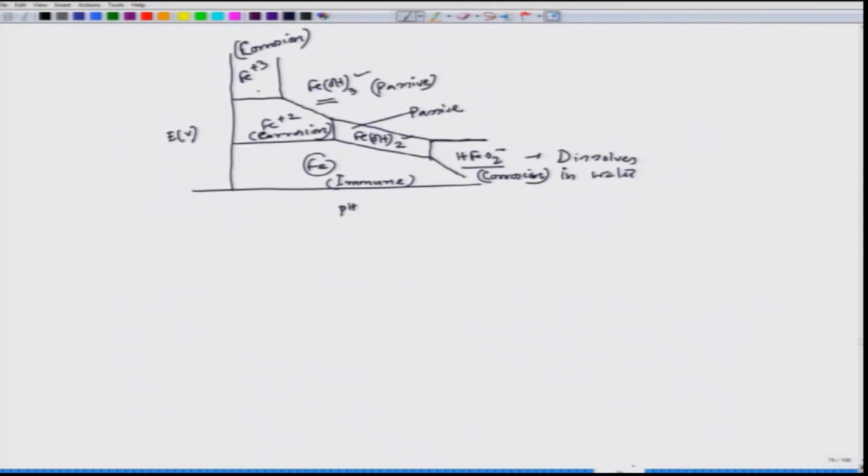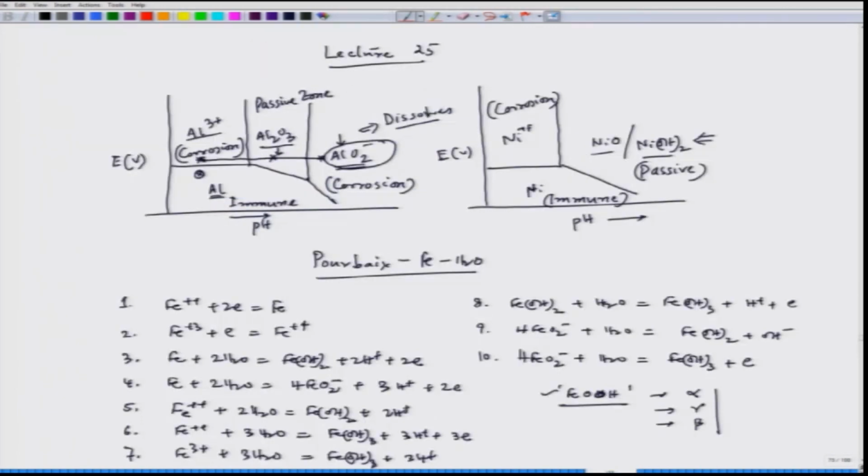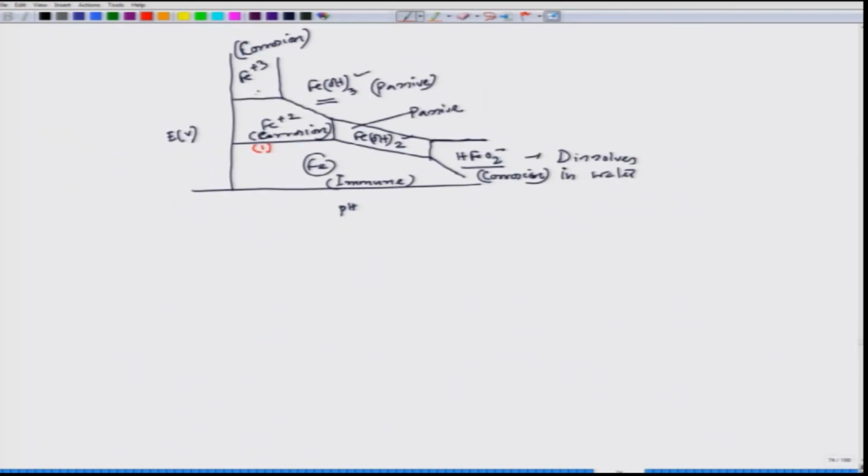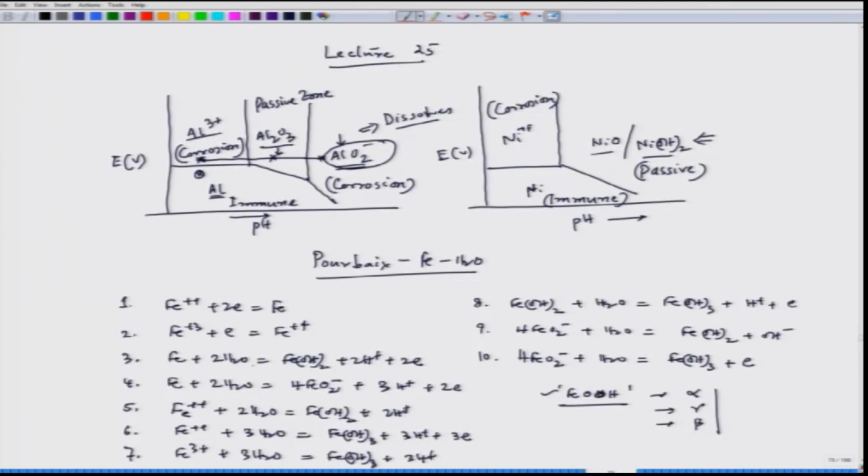For example, if I note down with a different color, red color, let us say this is reaction 1. I simply write with the bracket 1. This is reaction 2. This line is Fe(OH)2.